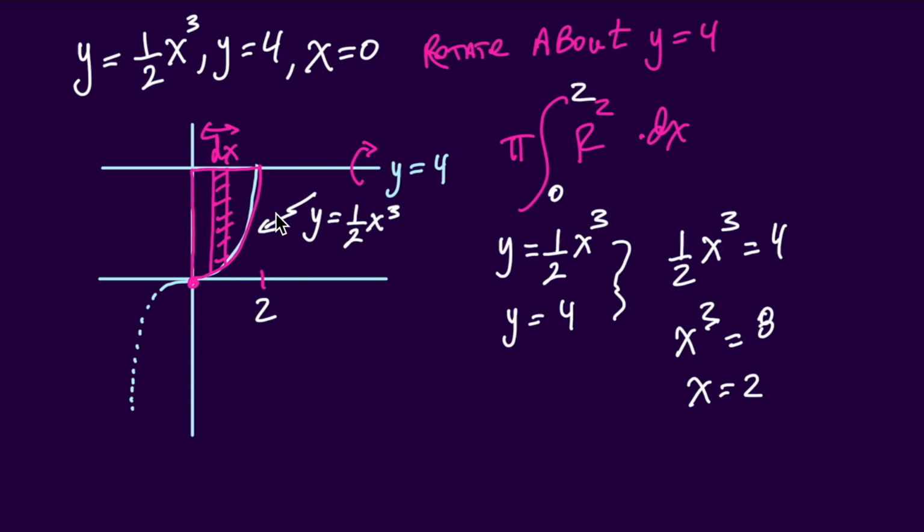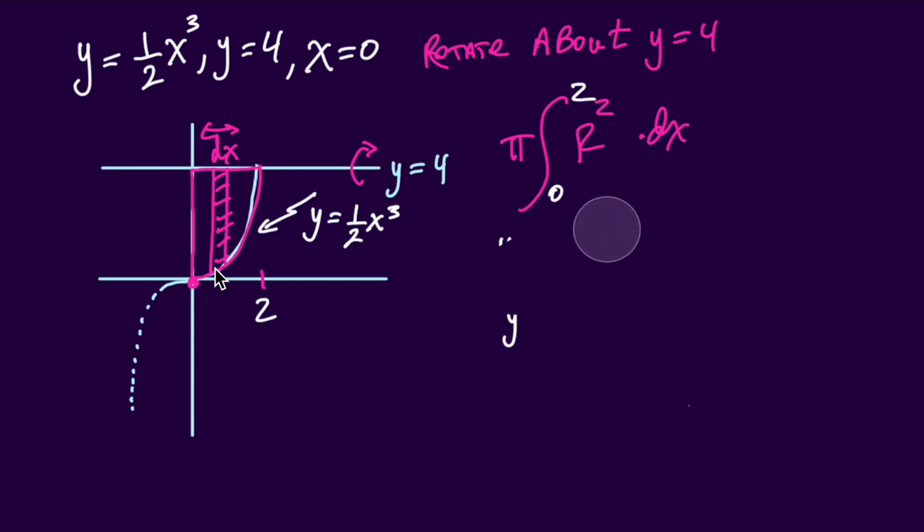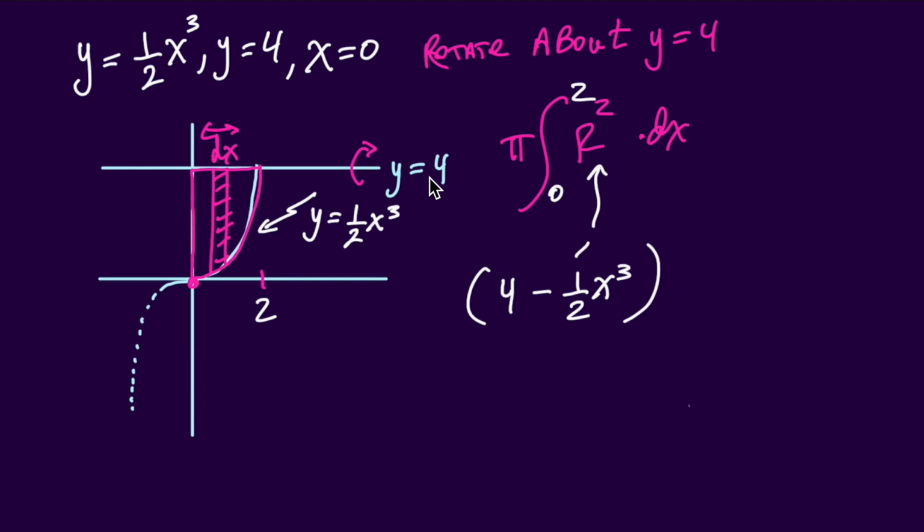Okay, next is how do we find the expression for that radius? We are dealing with vertical rectangles, which means we're going to have the top function minus the bottom function, both solved for y. So the radius is going to be the top function minus the bottom function. When we plug it into our integral, we're going to square it.